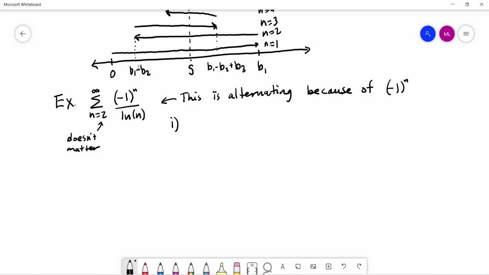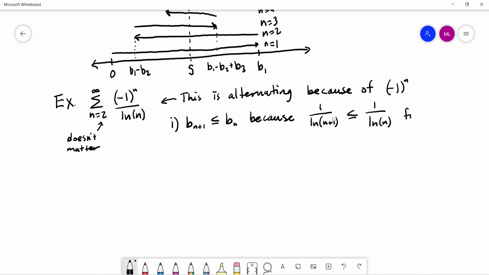Condition 1: b sub n plus 1 is indeed less than or equal to b sub n, because if I look at 1 over the log of n plus 1, that's always going to be less than or equal to 1 over the log of n itself. So basically, each one of these terms is going to be successively smaller as n increases. So we've got that.